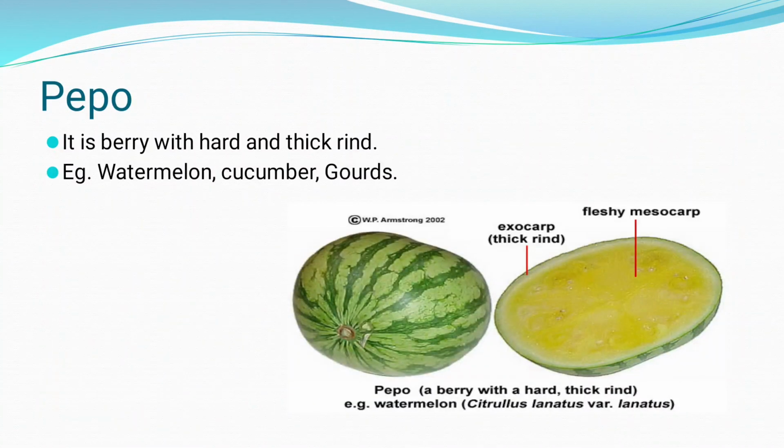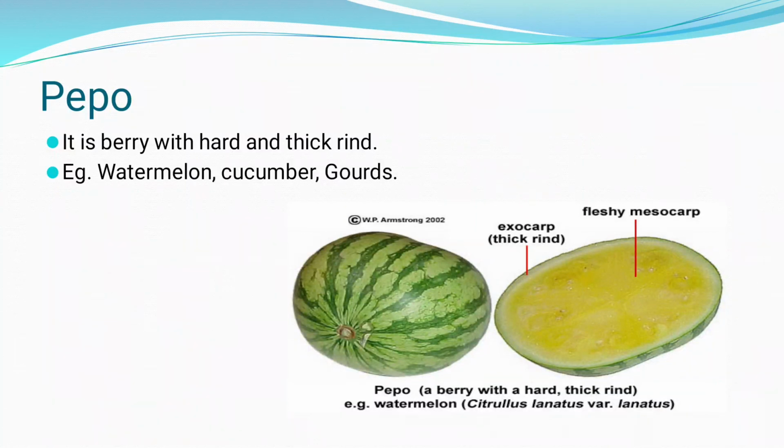Hesperidium. So the pepo, it is a berry with the hard and thick rind. So we have example of watermelon. The watermelon, it is a fleshy fruit. So completely whatever its rind, its inner core, all is fleshy material and multiple seeds are available in it.